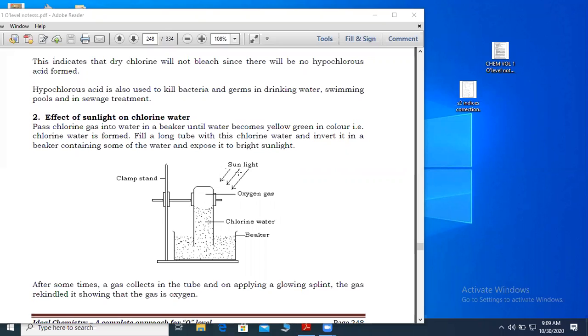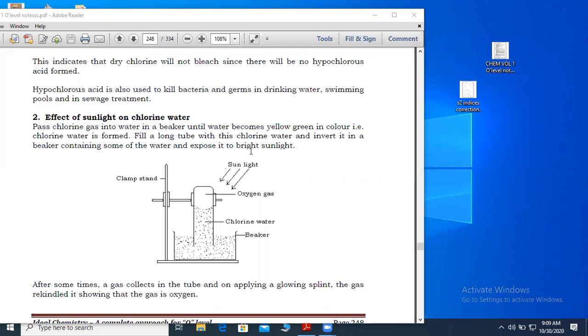The question is, state what was observed. Many of you are saying a yellow solution. No, we know that chlorine water is a yellow solution, but I have always told you, now listen, my friends. When there is a gas given out and there is any solution, whether water or any solution, and we ask for the observation, don't think twice. The observation should only be about that gas that has been given out.